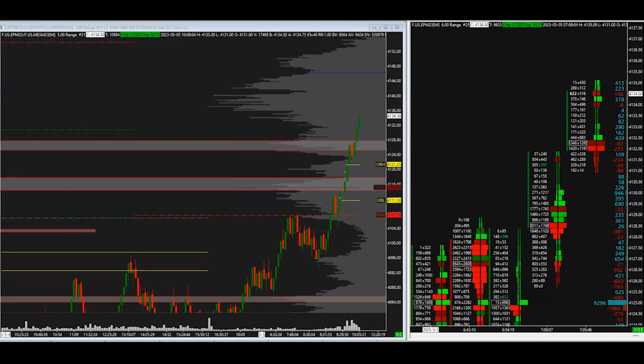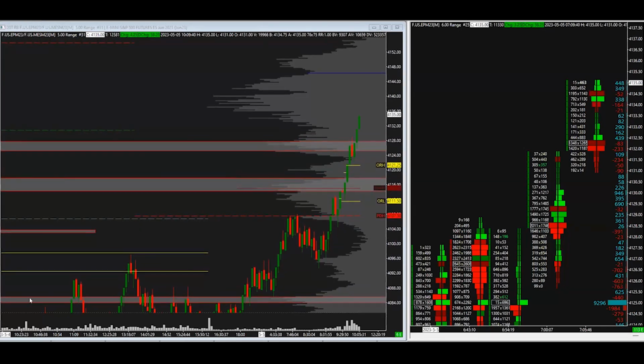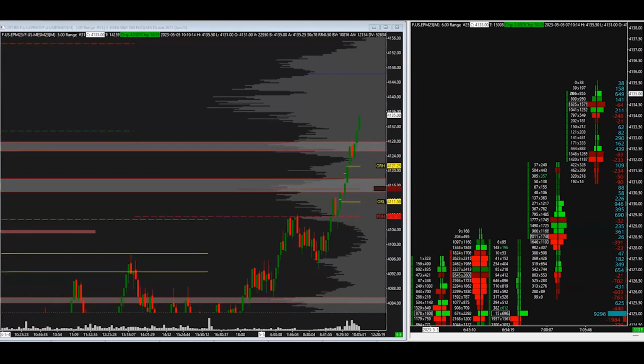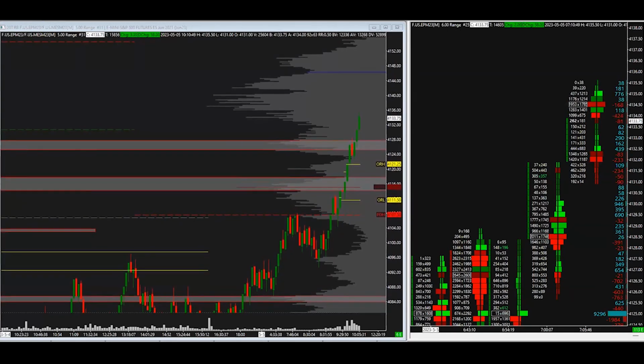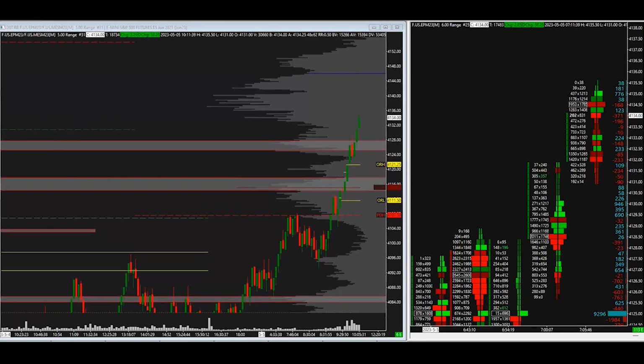35's trade positions up 12 handles. Today is just Midas touch day. Could not short this. 35's trade, little reoffer there, rebid again.